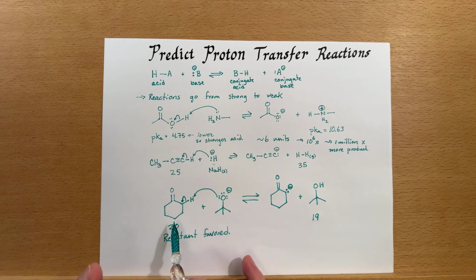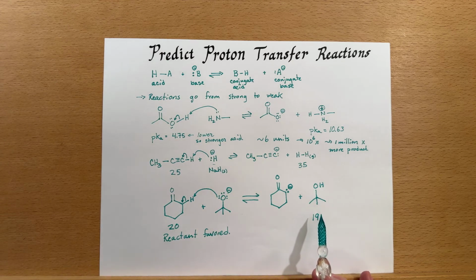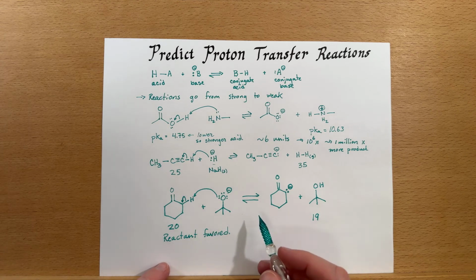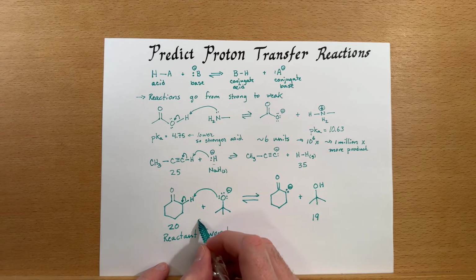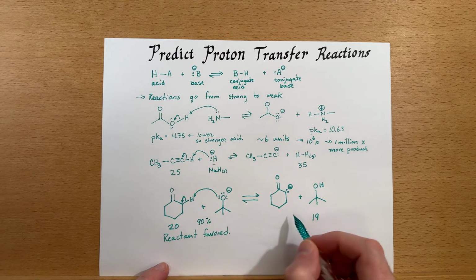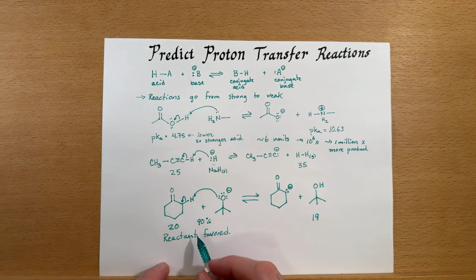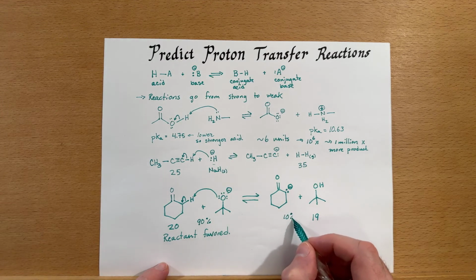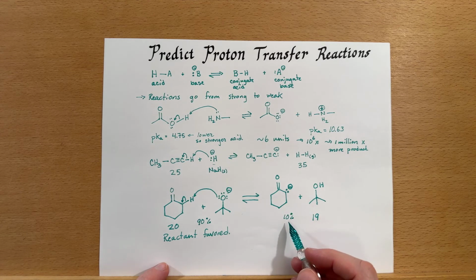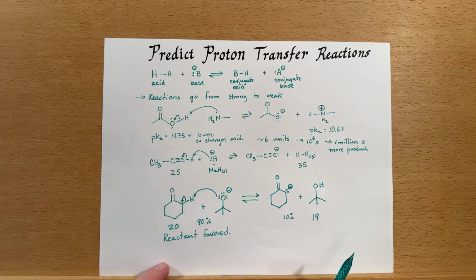So there will be more reactants than products existing at equilibrium for this reaction. And since it's about a power of 10 apart, we would expect about 90% or so of the reaction to be in the reactant form and about 10% to be in the product form. Somewhere around in there.